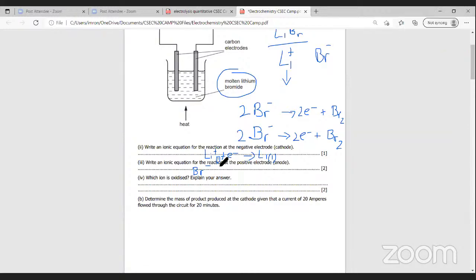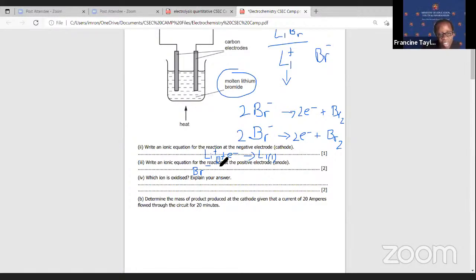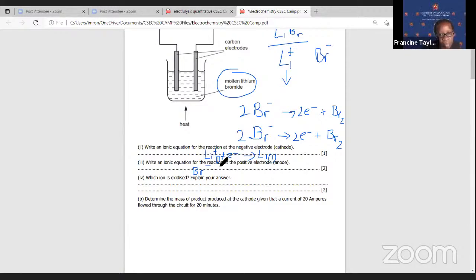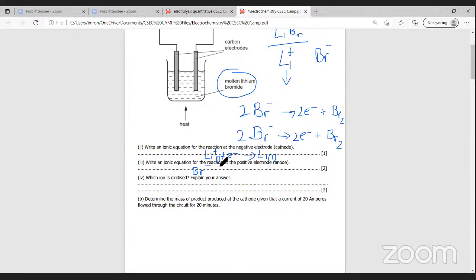So that means we need to brush up on our definitions for oxidation and reduction. Oxidation is an increase in oxidation number, loss of electrons, addition of oxygen, or loss of hydrogen. At this stage, we're focusing on the oxidation number and the loss of electrons.